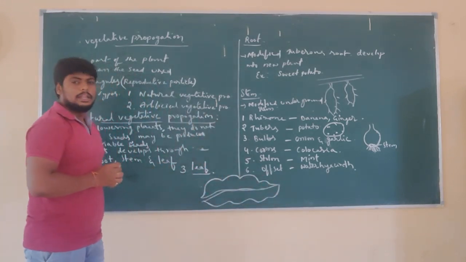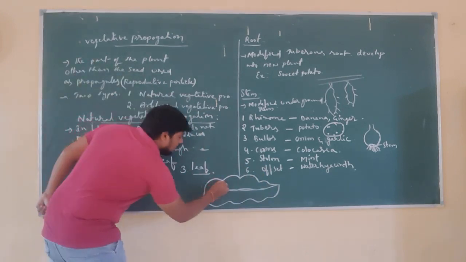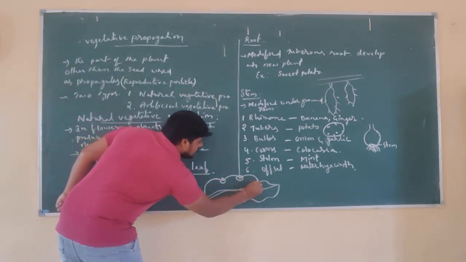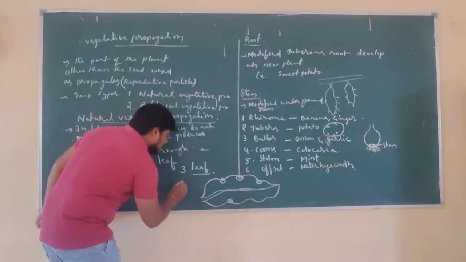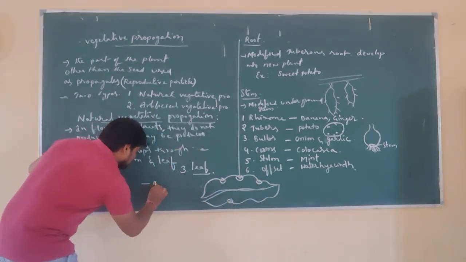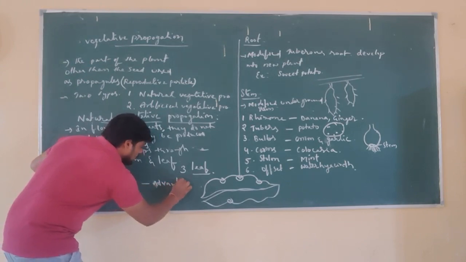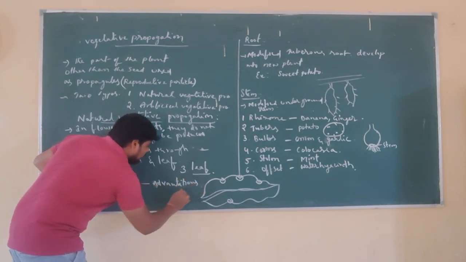So the bryophyllum leaf develops adventitious buds.